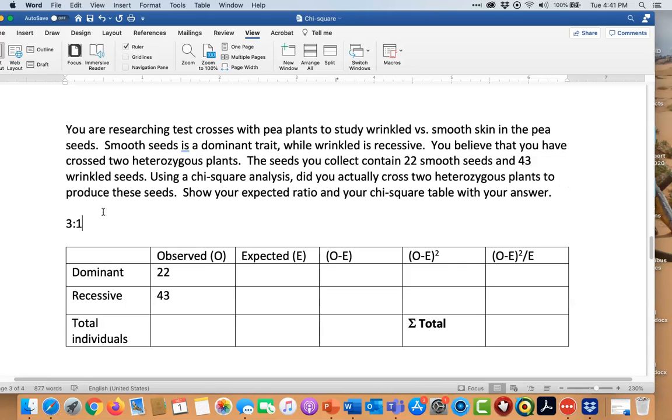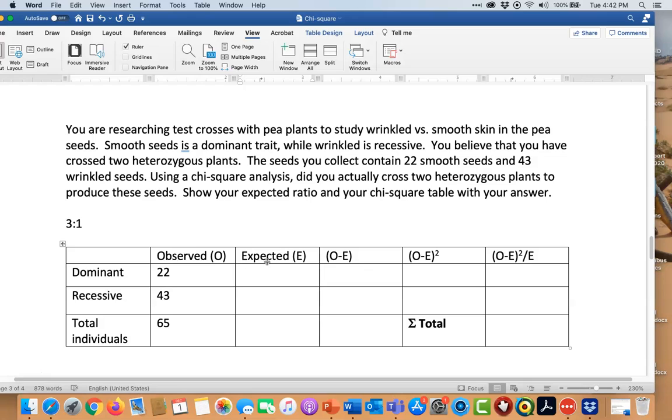So that's the one that we're going to be using to figure out in this table if this is actually a cross between 2 heterozygous. So we're going to do our same steps as we did before. So 22 plus 43, we've got 65. All right, so we're going to do the same thing. We've got 4, right?